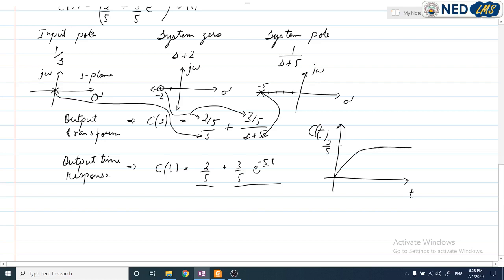So I can say that this is our forced response, or steady state response, and this is our transient response or natural response.